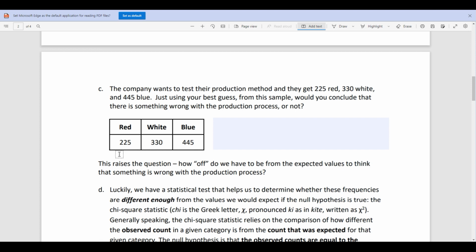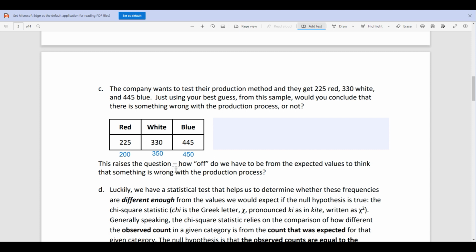So again, this is in comparison to 200 red and 350 white and 450 blue that we originally said we would expect. So just using your best guess from this sample, would you conclude that there's something wrong with the production process or not?